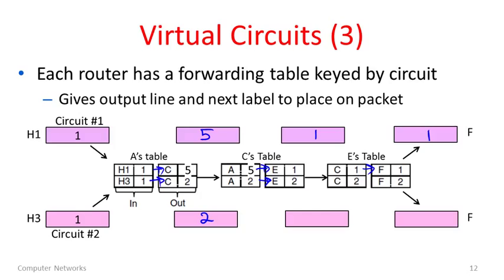So we couldn't have called them both 1 going out C from A's table, because that would have resulted in confusion at C. C wouldn't have been able to separate these two circuits. But they have different numbers, so it can. Now we send it onwards to E with a circuit number of 2. E, when it receives it from C with a circuit number of 2, sends it on to F with a circuit number of 2, and so forth. They still have different numbers, so we'll distinguish these circuits.